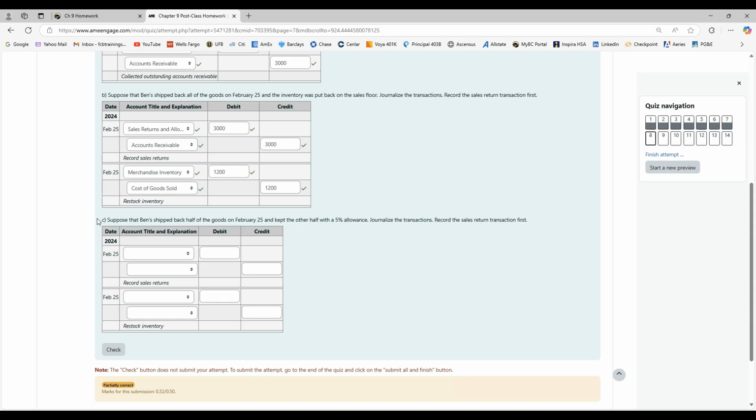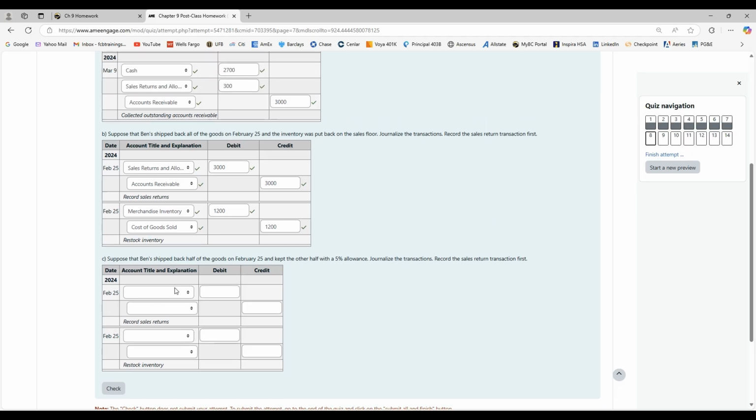Okay. Part C says, suppose that they ship back half of the goods and kept the other half with a 5% allowance. Okay, now it's tricky. Journalize the transactions, record the sales transaction first. So half of it came back to us. Now what are we going to do here? Let me look at our total.